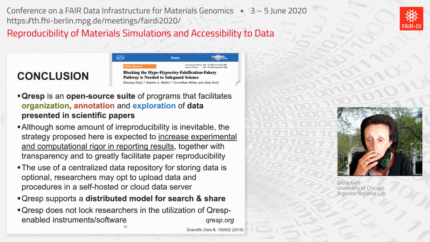I talked about reproducibility, honest reproducibility, and there is also another reason that we all know about to put the data out there and make it available for others to see: to avoid falsification and overdoing in presenting data, and fakery.